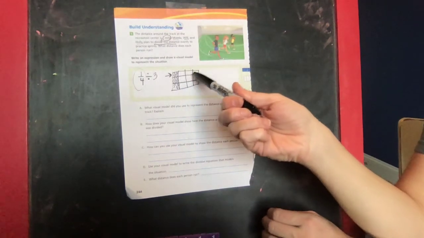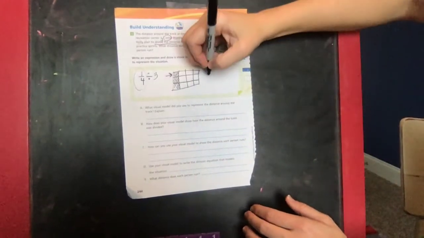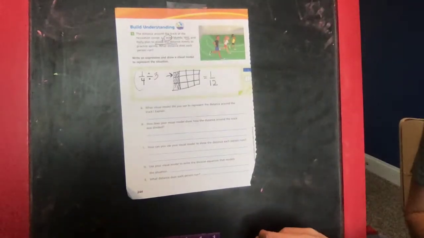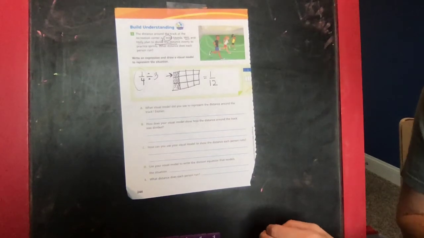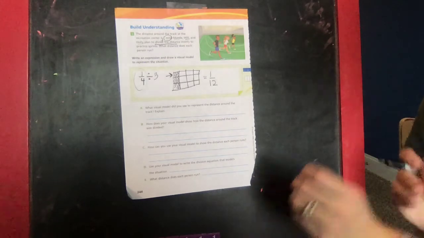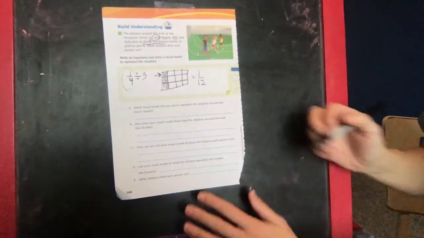1, 2, 3, 4, 5, 6, 7, 8, 9, 10, 11, 12. They each have to do 1/12 of the distance to equal 1/4 altogether. What visual model did you use?